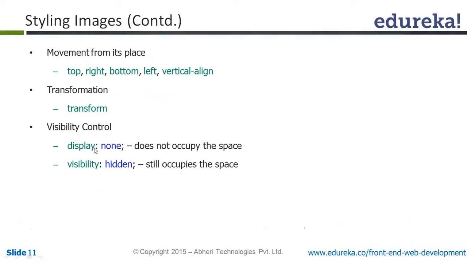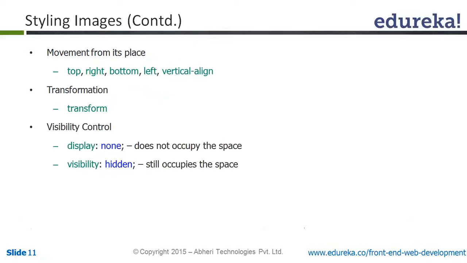Let me demonstrate display none and visibility hidden. Note that when you use display none, it does not occupy any real estate, any space on the screen. But when you say visibility hidden, then it is only hidden. The element exists at that place, but it is not displayed.